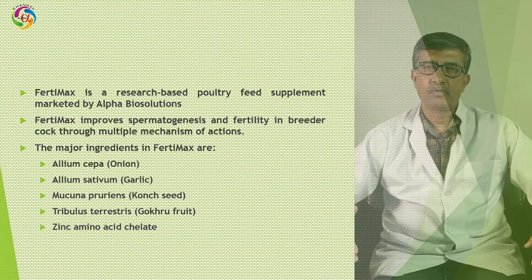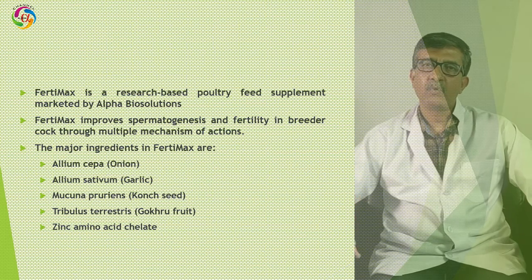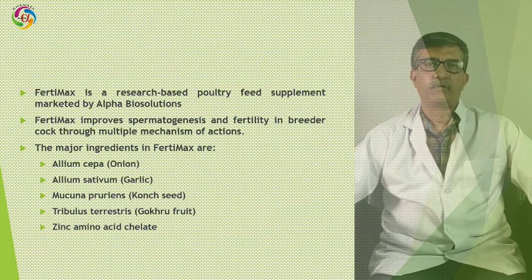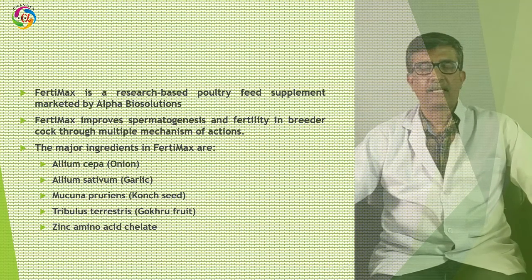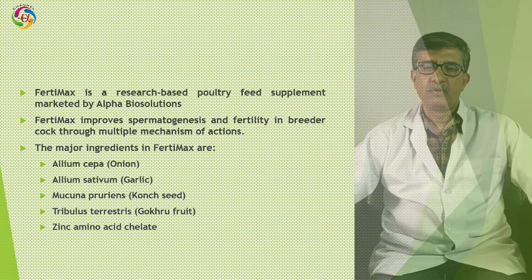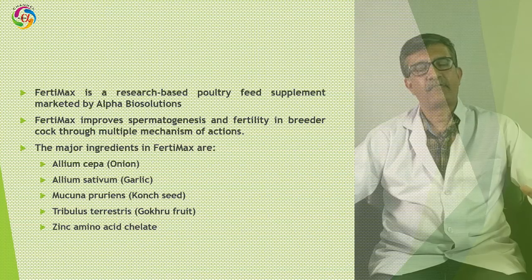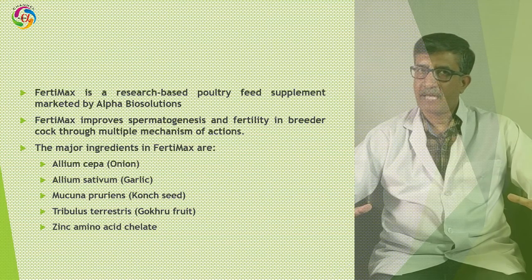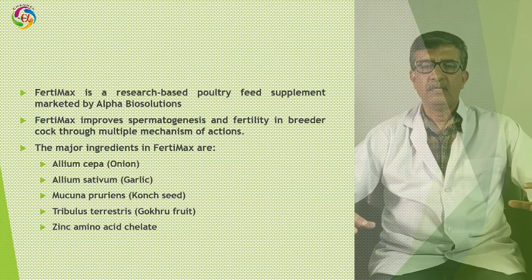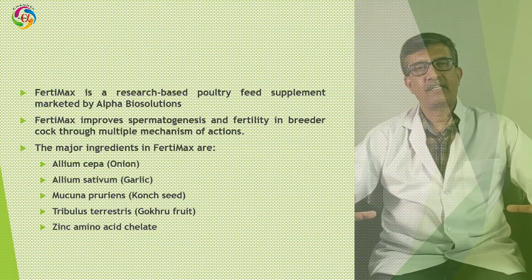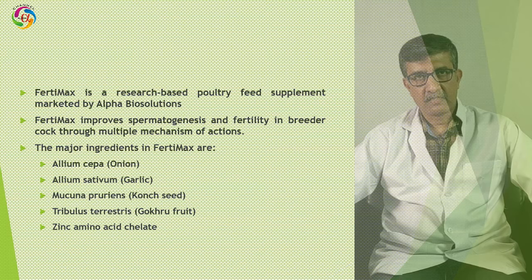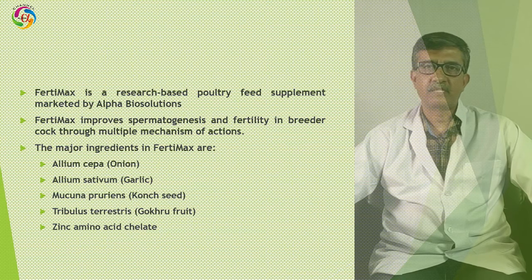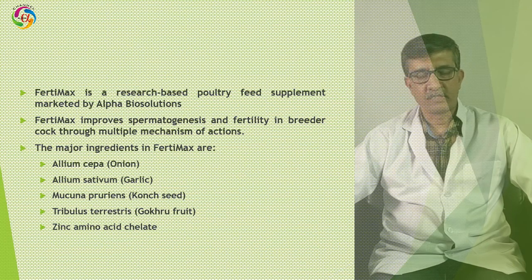We at Alpha Bio Solution work at the molecular level of phytochemistry, and we try to understand which particular phytomolecule is effective for a particular activity. A plant can contain more than 100 chemical substances. Not all the chemical substances are very effective pharmacologically.